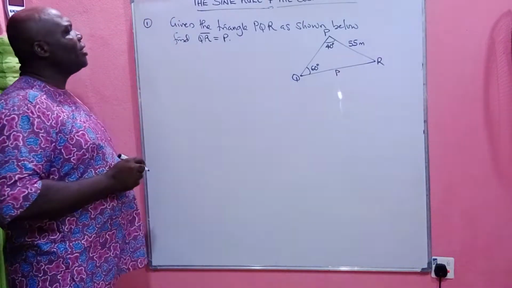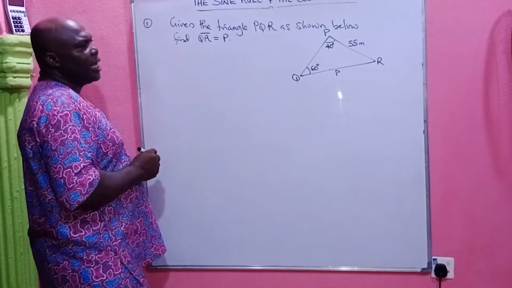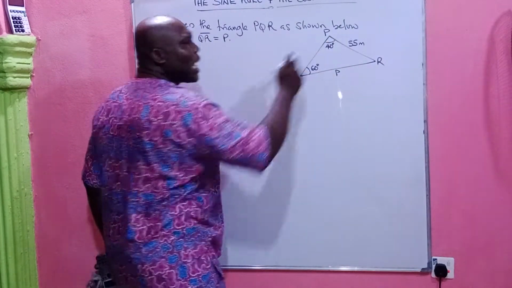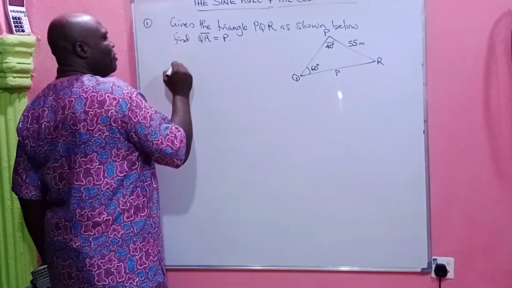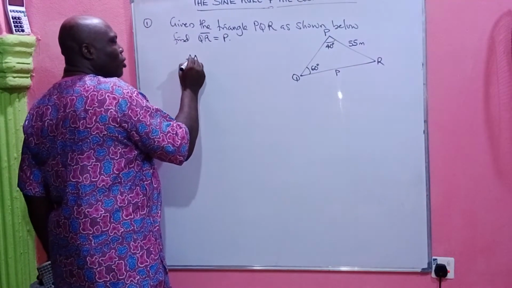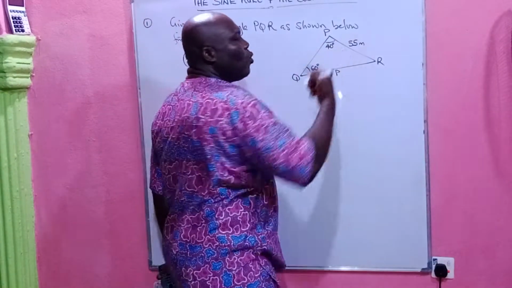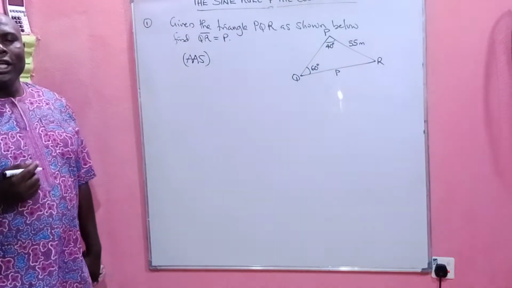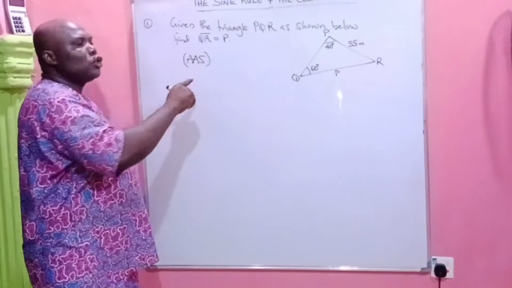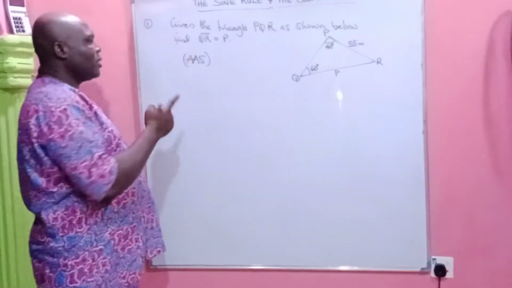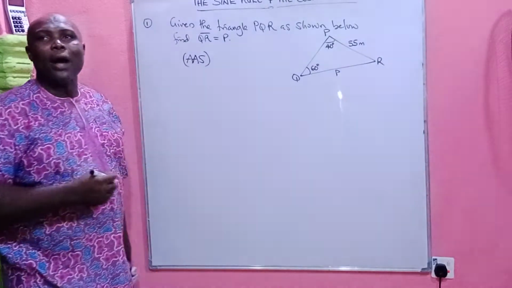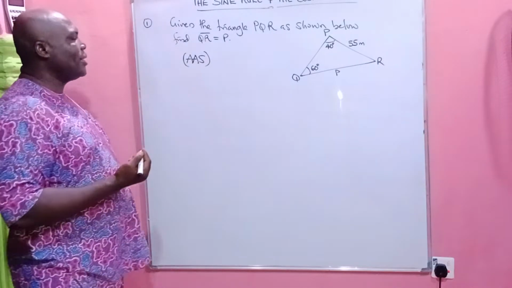Now if you look at this, the condition given here is two angles and one side. So we have angle, angle, side. It means we are going to use the sine rule again, because the sine rule is also used for angle, angle, side. So how do we apply it?